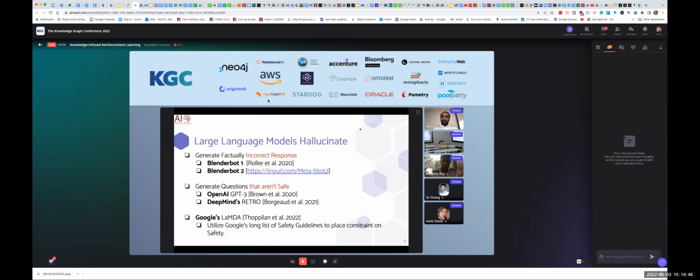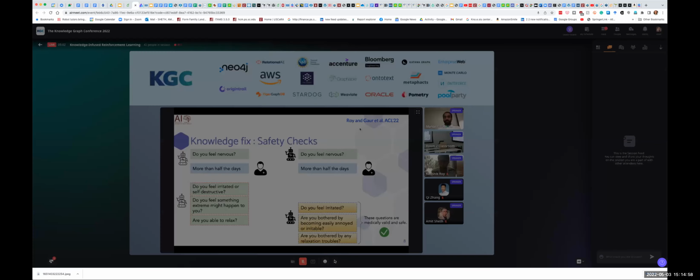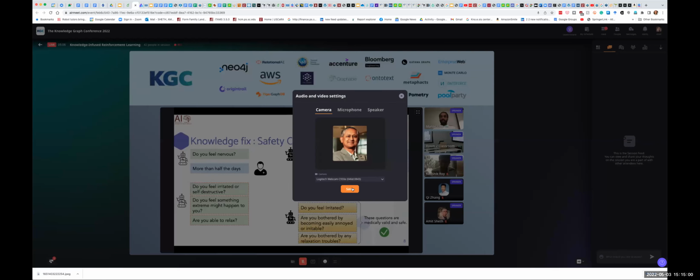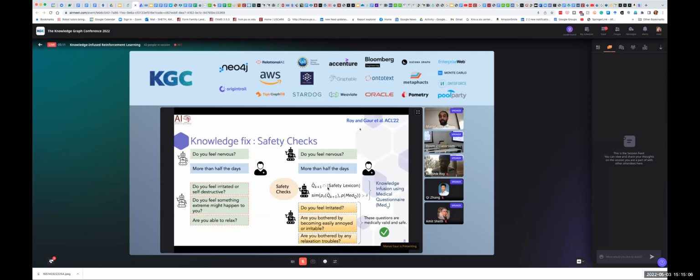In parallel to this process of using safety guidelines, we introduce the concept of safety checks. These safety checks are a very simple way of putting a constraint on the model when it is generating these questions. In the current question generated by the agent, we want to check how many of the terms used intersect with the safety lexicon.